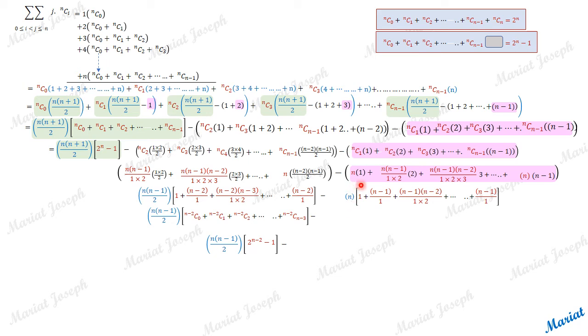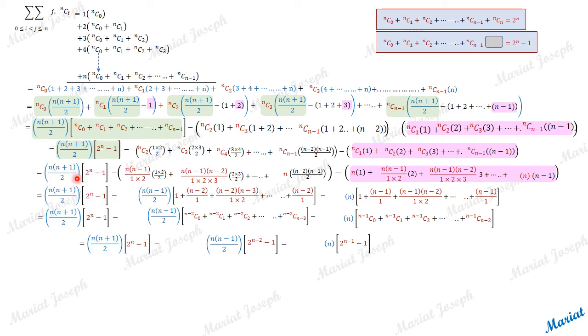We are left with 1 plus, etc. I'm going to rewrite these terms as n minus 1 C1, n minus 1 C2, etc. The first term 1 being n minus 1 C0. Once more the same formula pattern. Again notice one term is missing. Its value is 1. So this bracket will give us 2 raised to n minus 1 subtract 1.